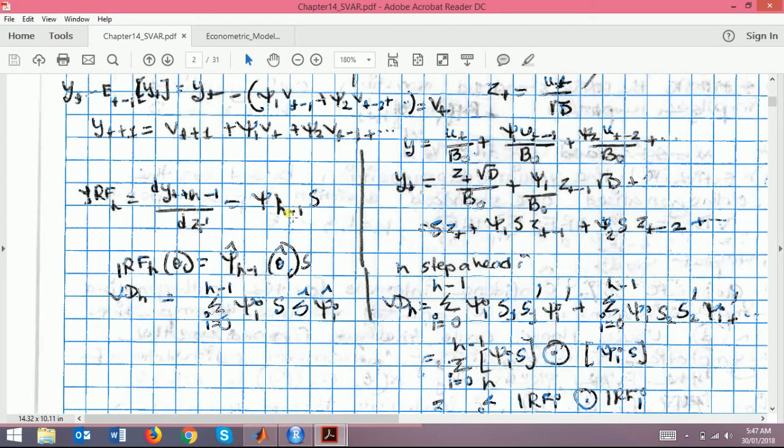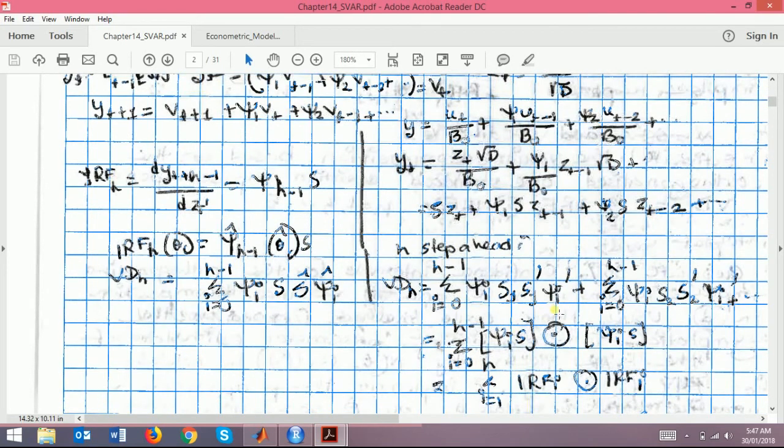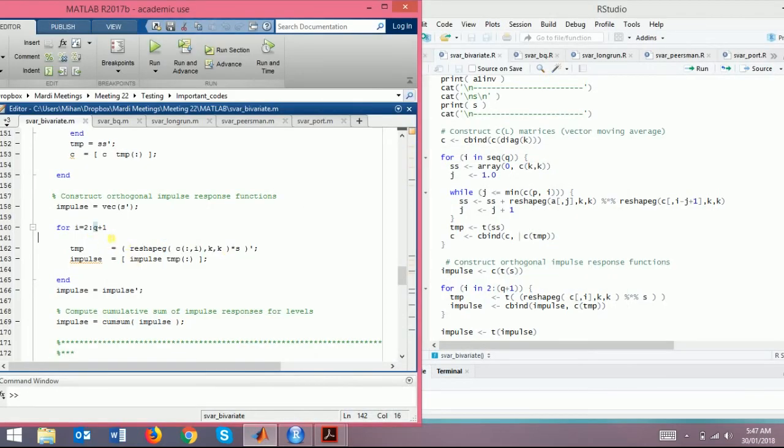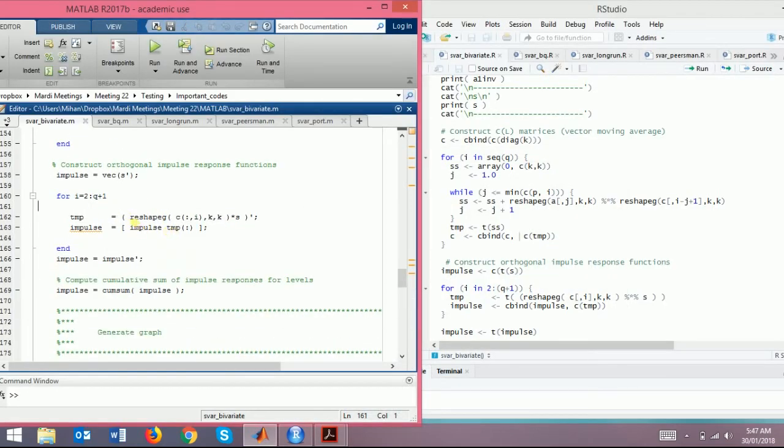So this h minus 1 was q. If h minus 1 is q, h is q plus 1. Very simple. H minus 1 was q, so h is q plus 1, I from 2 to q plus 1.